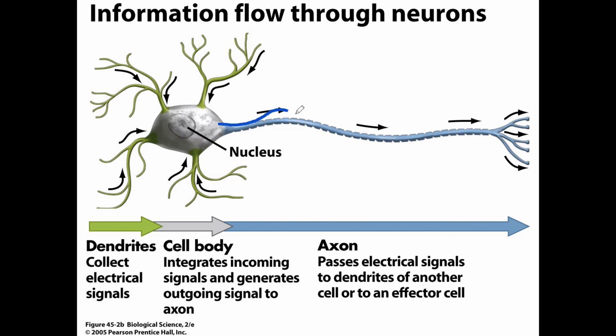So here, it sends an outgoing signal away from the cell body along the axon. So the axon passes the electrical signal to dendrites of another cell or to the effector cell. So here's our axon terminal, and from here, the electrical signal will be sent to another neuron, dendrites of that neuron, or effector cells, for example, a muscle cell.